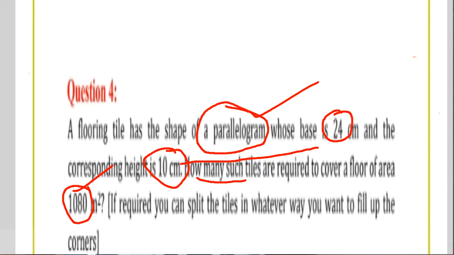So the area of this parallelogram tile is 240 centimeter square. Okay, so we find the number of tiles required for the floor. Clear? So we divide the area of the room by the area of one tile.